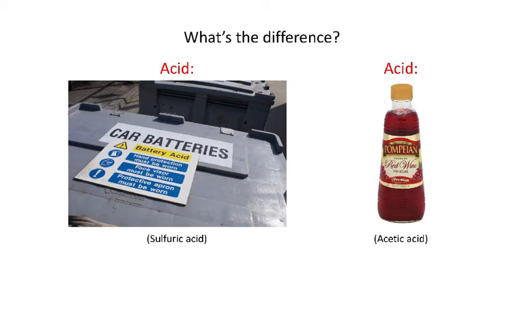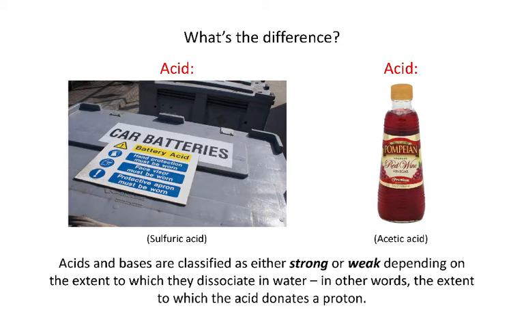Strict definition, donates protons, right? But there are different degrees to which acids can do that. So they're classified as either strong or weak depending on the extent to which they dissociate in water. What that means is the extent to which the acid donates a proton, right?